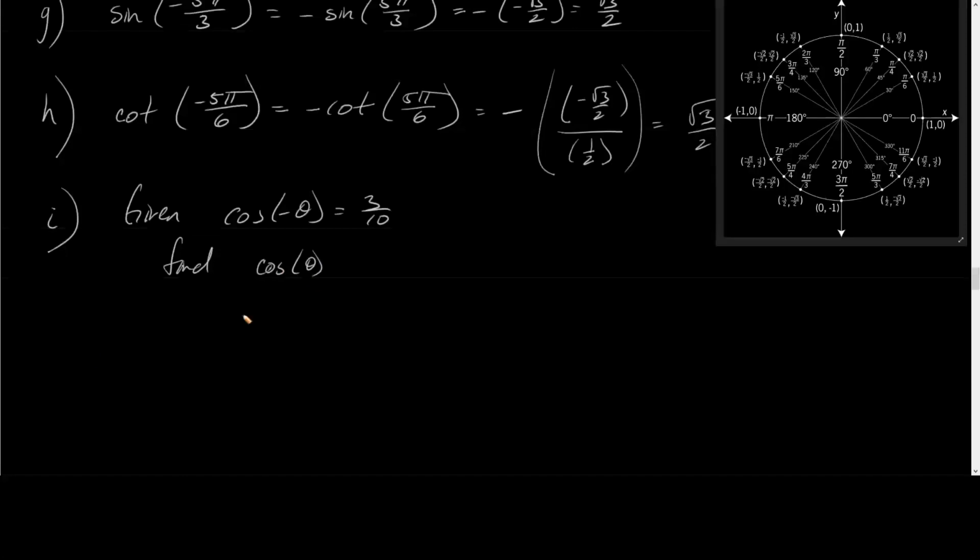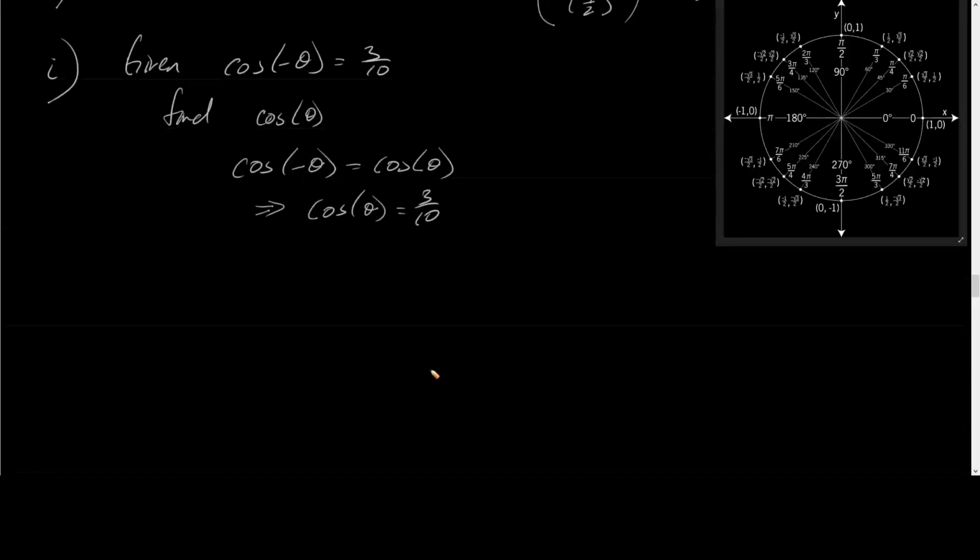Well, let me rephrase that. Since I know that cosine is an even function, cosine of negative theta is equal to cosine theta. But we know what cosine of negative theta is. It's 3/10. So that tells me that cosine theta is simply 3/10. All right.